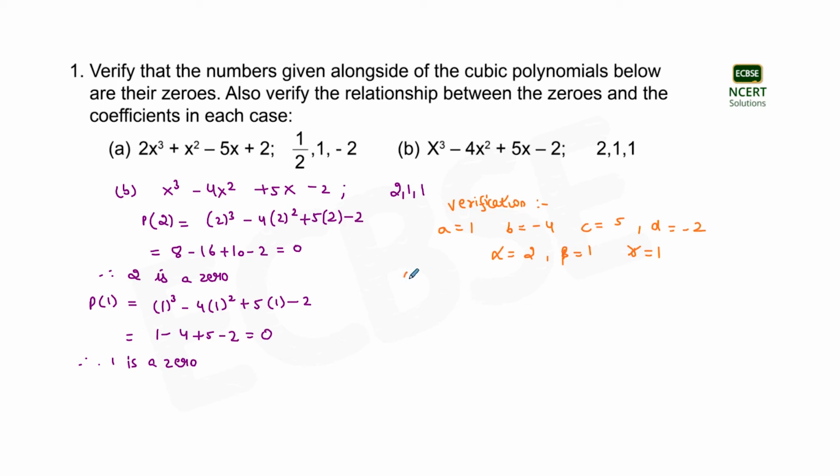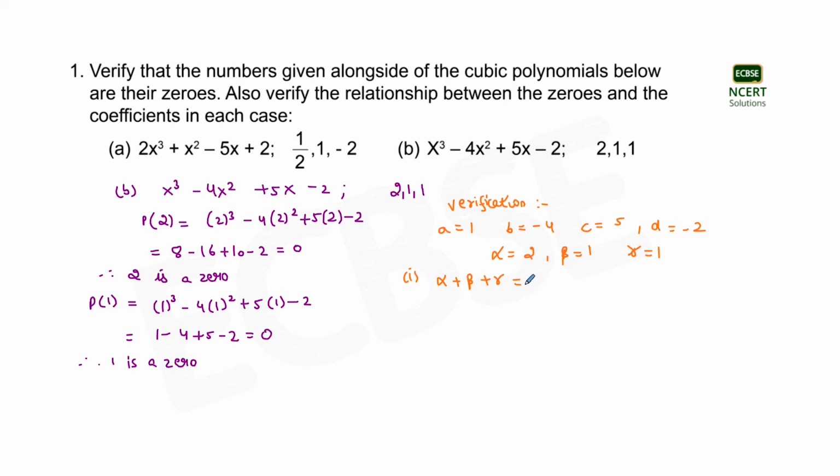Now coming to the first relation for the verification, the first relation says the sum of all the 3 zeros is equal to minus b over a, that is alpha plus beta plus gamma is equal to minus b over a. Is it so? If yes, then the relation is satisfied.